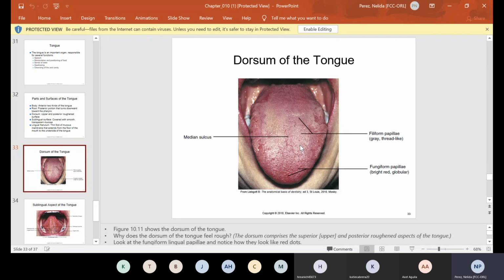Now, we just talked about how the tongue has papillae. Papillae are little fine hairs. You can't see them as much if your tongue is clean, but if your tongue is dirty and you look real close, you can see the fine hairs on it. When you go a long period of time without cleaning it, you get something called black hairy tongue. Your whole tongue turns black and you can see the hairs, like hairs on your eyebrows, nose, things like that.